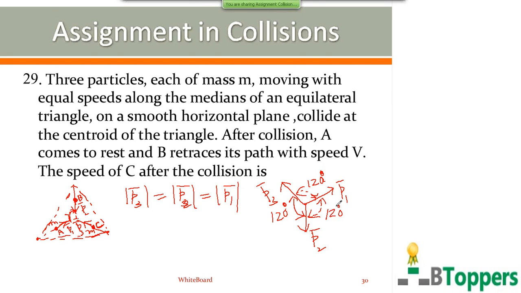There is one conclusion which I have discussed in vectors. I told you that this conclusion should be remembered. That is, in general, if three coplanar vectors of the same magnitude are inclined to each other at an angle of 120 degrees, then the magnitude of their vector sum or resultant will be 0.